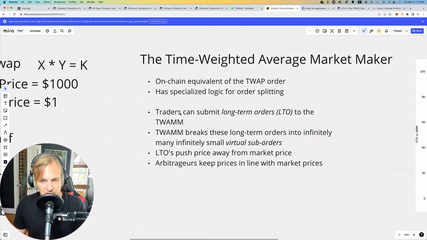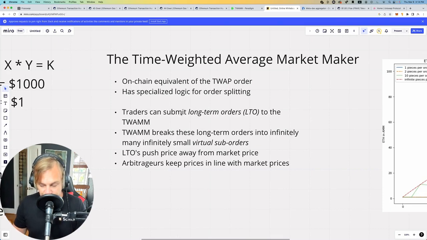What the time-weighted average market maker does, and this is a really interesting part of it, is it takes the AMM and pushes the virtual price up or down, depending on whether you're selling or buying. If I'm swapping Frax into Frax shares, it should push the virtual price up, and then an arbitrager could sell into that order whenever they want.